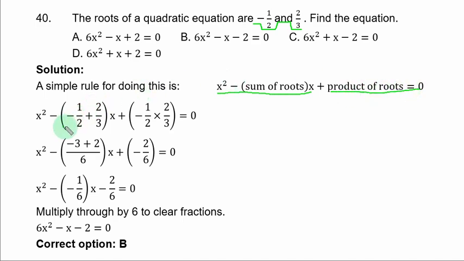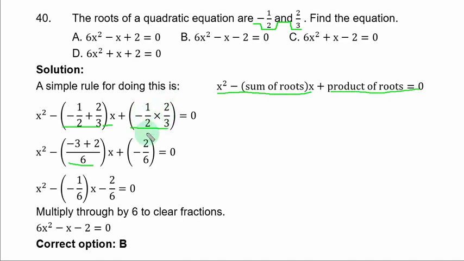So this is the sum of roots, the two roots being added, multiplied by s, and this is the product of the two roots. If you find the LCM in the first bracket and simplify, you have this. Under multiplication, you don't find the LCM, you multiply directly.